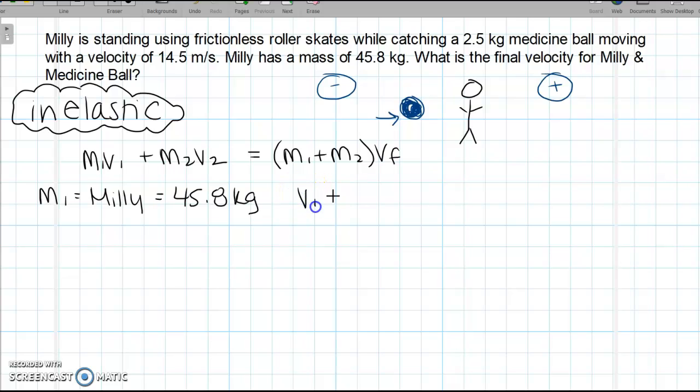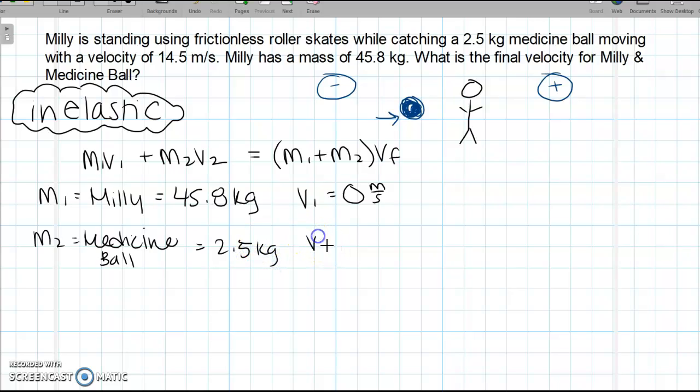The initial velocity for Millie is 0 meters per second because Millie is at rest. He's just chilling on his roller skates. M2 is going to be the medicine ball, which has a mass of 2.5 kilograms and an initial velocity of 14.5 meters per second. That is the velocity that the ball is coming towards Millie.